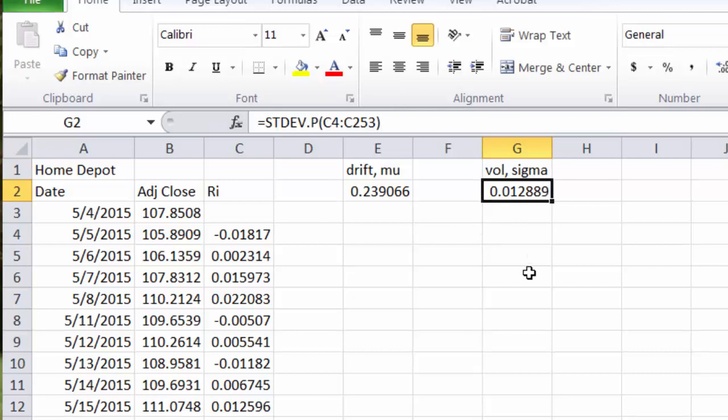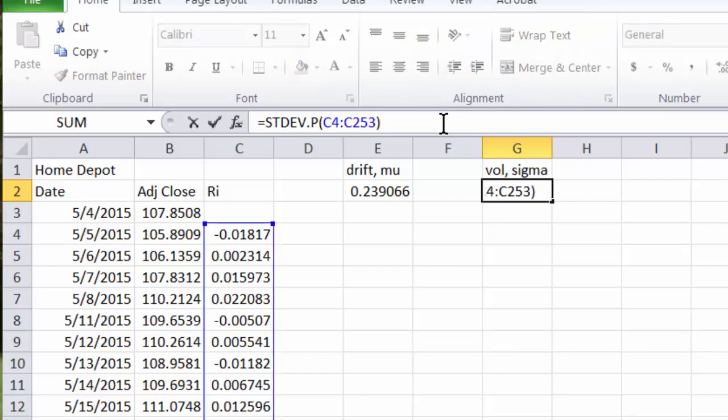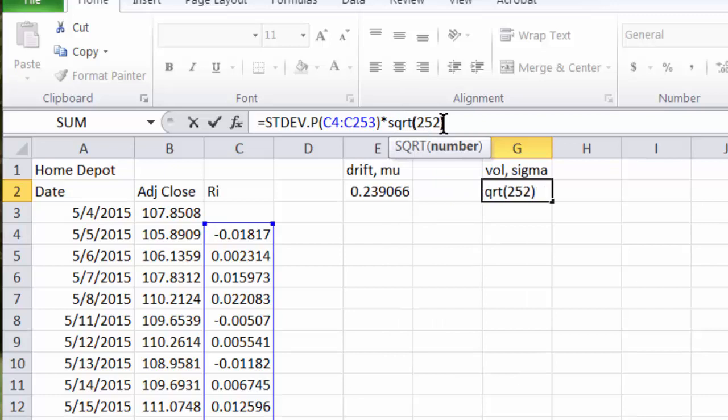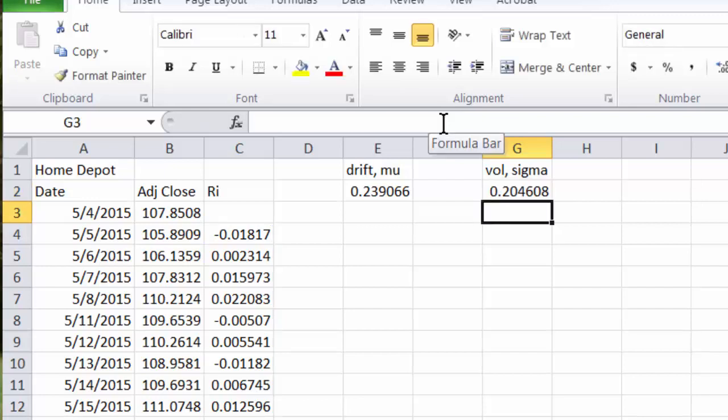So what I've got now is daily. I need to scale that. So should that be bigger or smaller? Well, that's the spread over one day. The spread over a year should be larger. So I want to scale it up. But it scales with root dt. So I want to multiply it by the square root of 252.